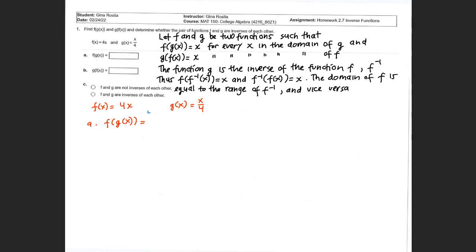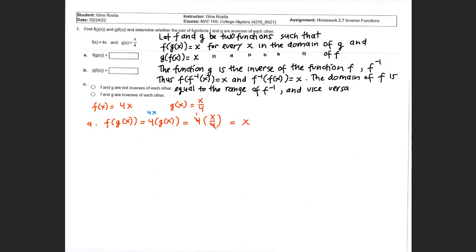So you just replace x with g of x. After this, 4 times, replace g of x with x over 4. Follow, yeah? So now this cancels, becomes 1. So the answer is x.